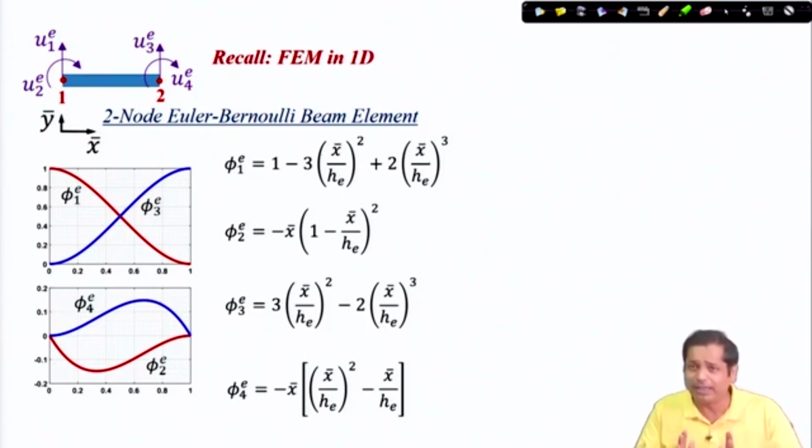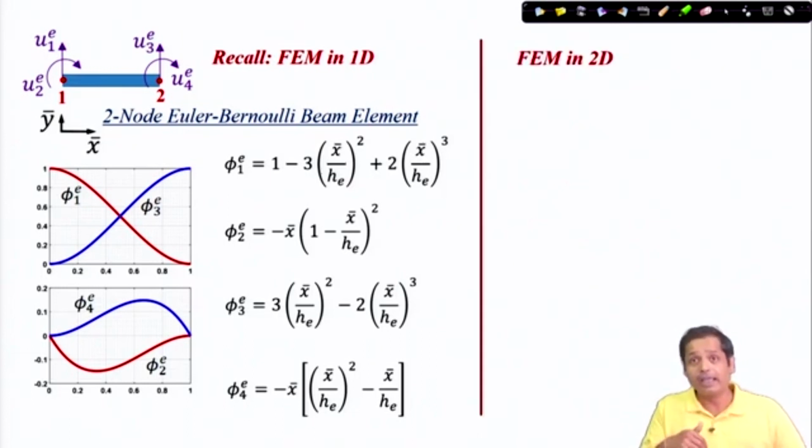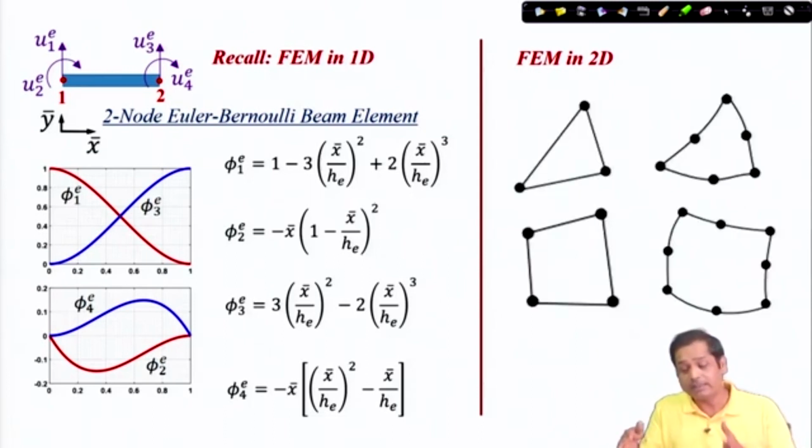Now the first challenge may not be the correct word. Let us say the first task, or the first deviation, or the first difficulty, is that in the finite element method in 2D we have these elements. Again I repeat, these are some representative elements. We can have many other elements in the element library.